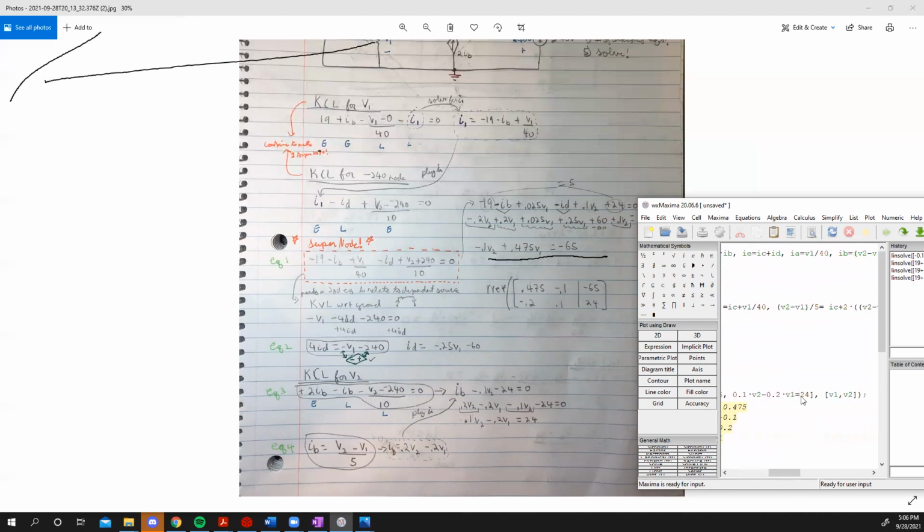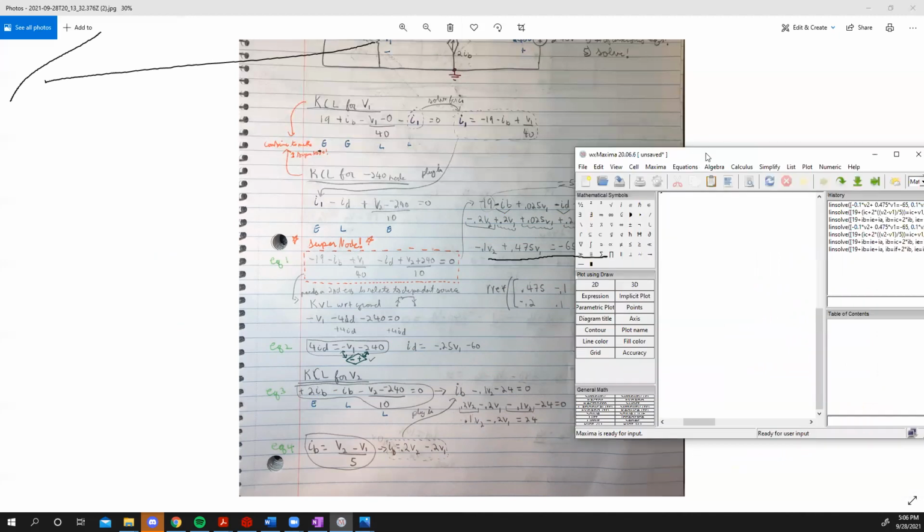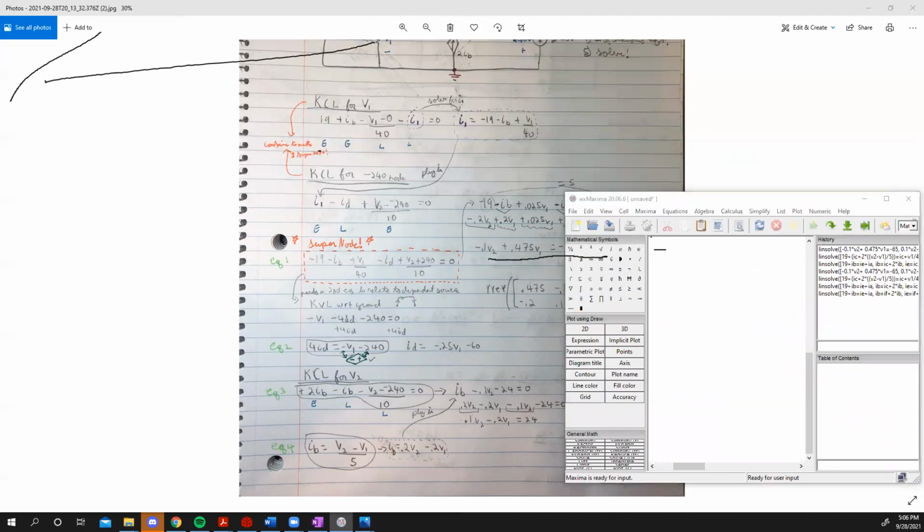Should be. Why would it be minus? Because you multiply minus V2 minus times minus 24. Yeah, but then you move it to the other side, so it's plus, right? So it's like V2 plus 240. So 240 divided by 10 is 24, which is negative, which is here -24.